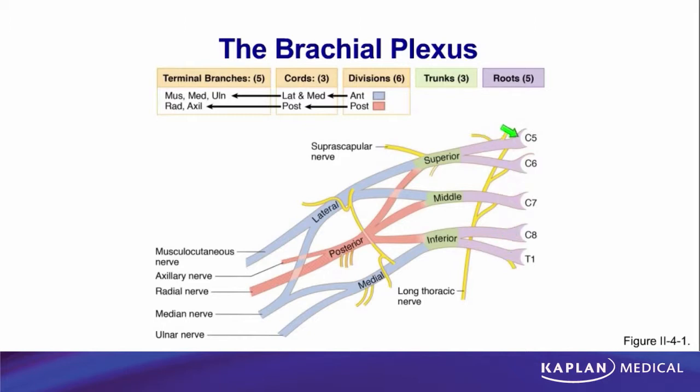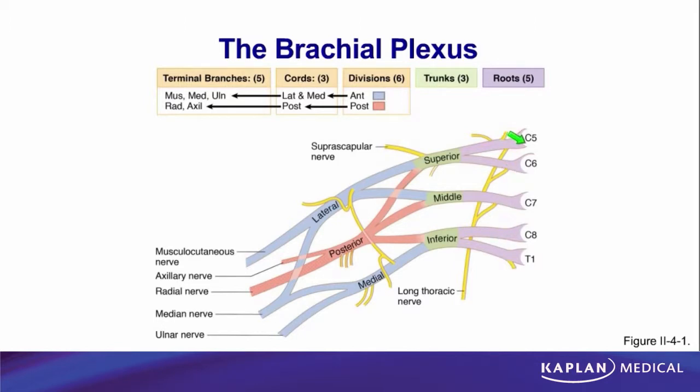Remember, these are not spinal nerves because only anterior rami will go to the upper limb, or to any limbs for that matter. So only anterior rami go to the limbs, posterior rami are going to the back, and so participating in the plexus will only be the anterior rami of C5 through T1.